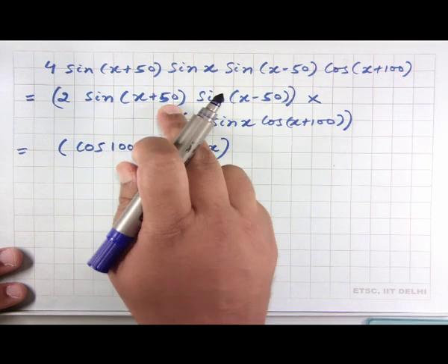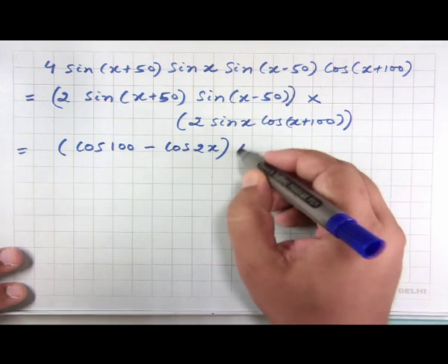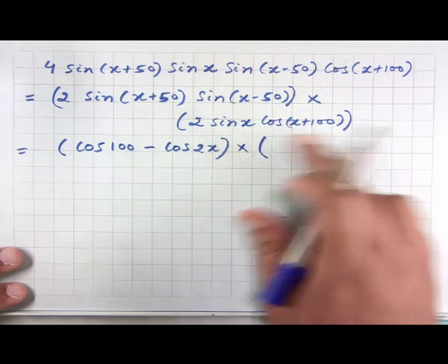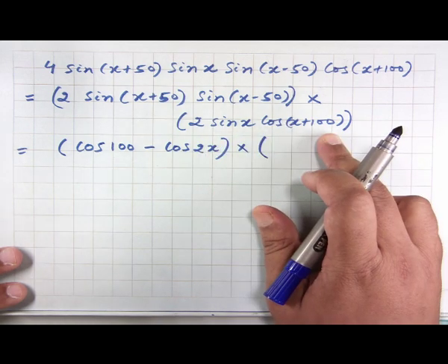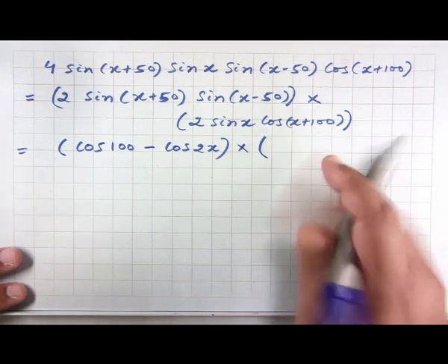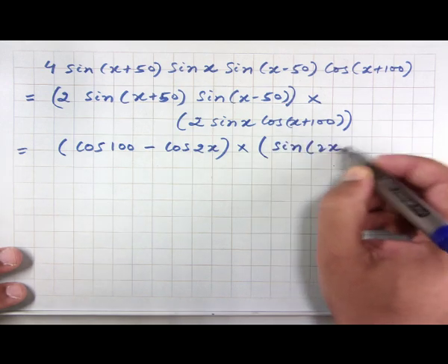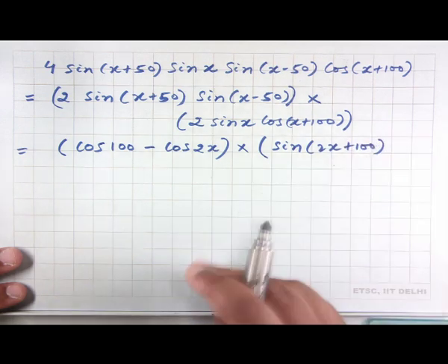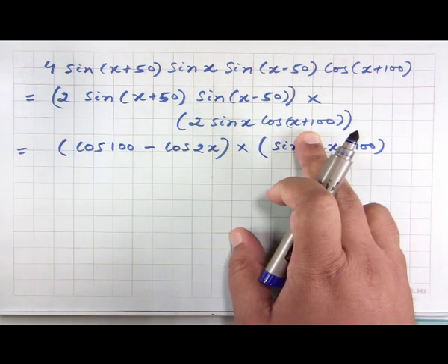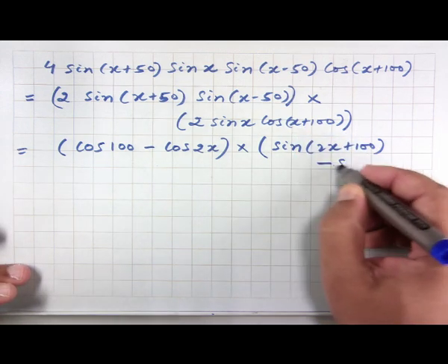So this is A and this is B, so A plus B is going to be 2x, multiplied by 2 sin A cos B for this other term. 2 sin A cos B is sin A plus B plus sin A minus B. So sin A plus B is going to give us sin of 2x plus 100, and sin of A minus B is going to give us sin of minus 100, which is minus of sin of 100.